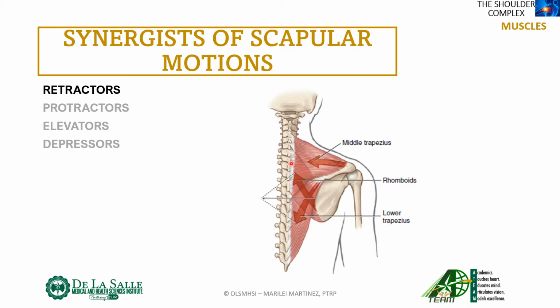However, the combination of these forces will produce a single force that results in retraction of the scapula. That's why they are called synergies, because they work together to produce retraction in the scapulothoracic joint.